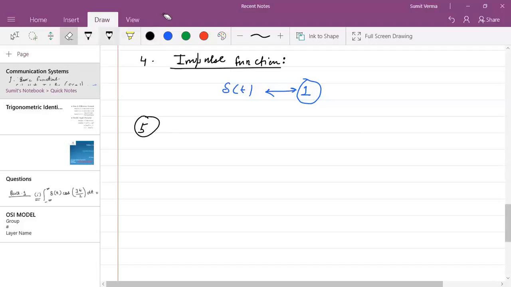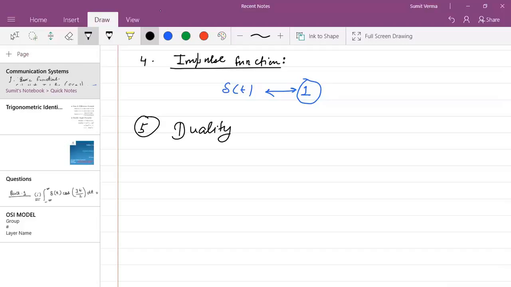which is called duality. So let's see the duality property of Fourier transform. What does the duality property state? It says, let's take a function x of t with a Fourier transform X of omega.